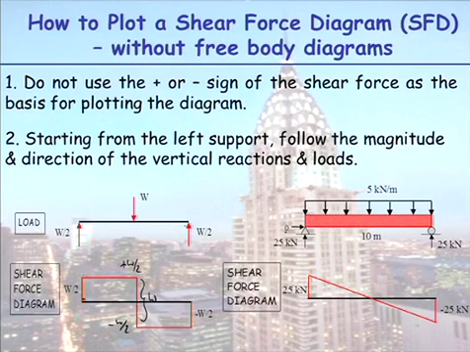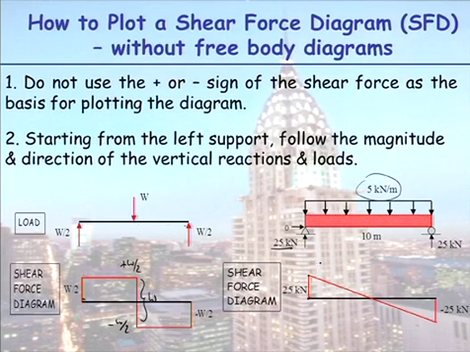So now looking at the case of the uniformly distributed load, we start at the left-hand support. Our reaction is 25, so we step up a value of 25. Now as you move along the beam, the load is reducing. How much is it reducing by? 5 kilonewtons per metre. Every metre you move out, the load is reducing by 5 kilonewtons.